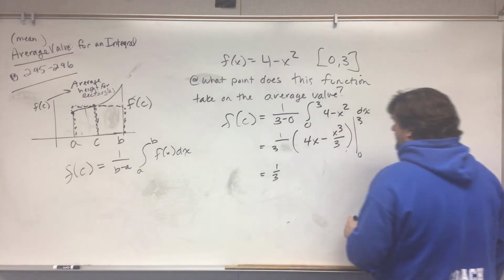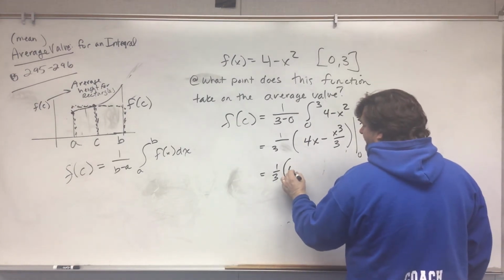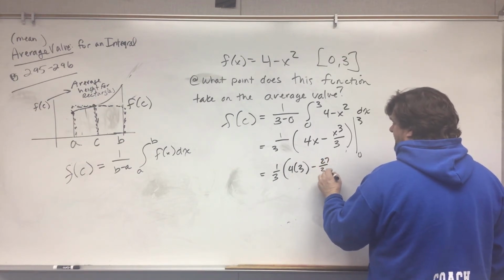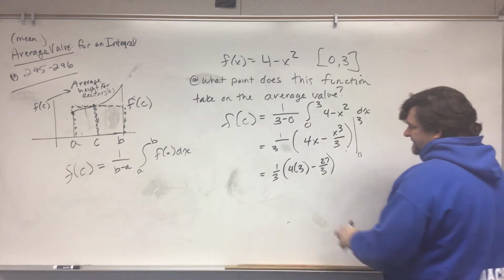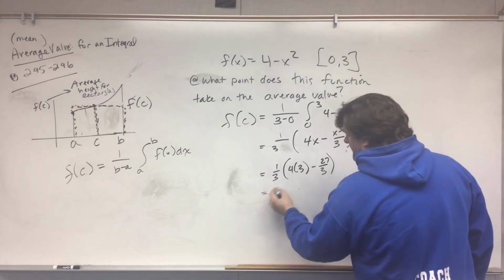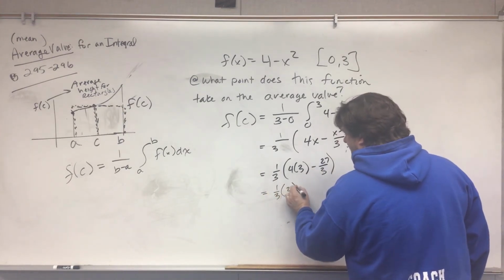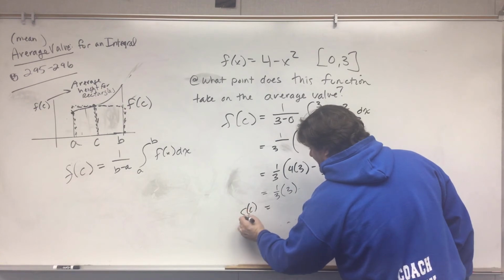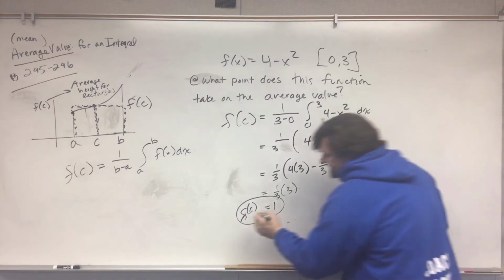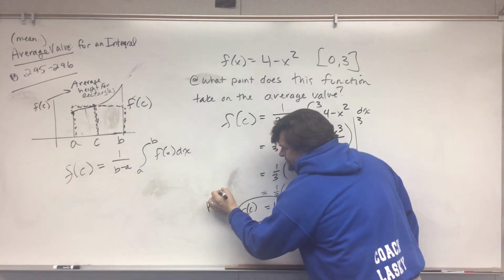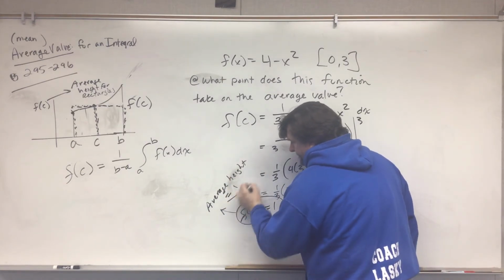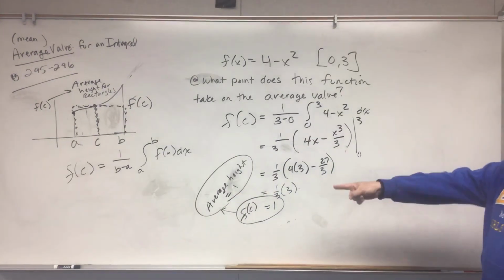So we have 1/3 times 4 times 3 minus 27 divided by 3, which is 12 minus 9. 1/3 times 3, and f of c equals 1. So our average height is equal to 1.